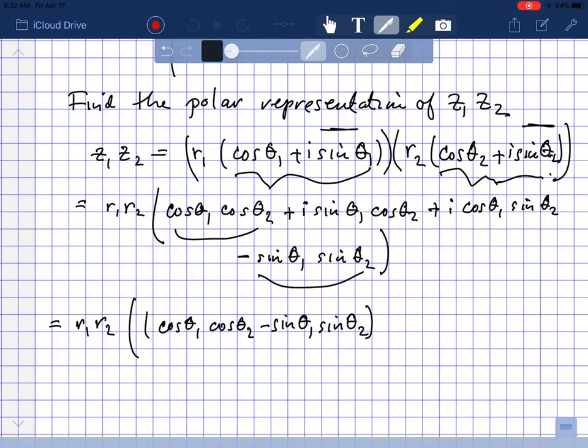And then the other two terms contain a factor of I, so these are going to be imaginary numbers. I'm going to write that sum as I times the sine of theta sub 1 times the cosine of theta sub 2 plus the cosine of theta sub 1 times the sine of theta sub 2.